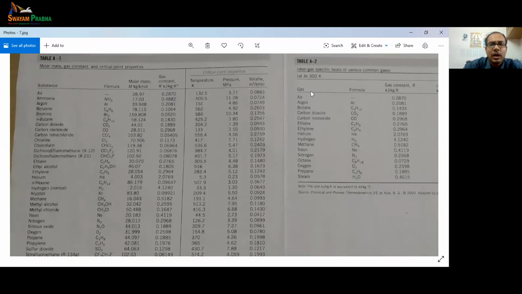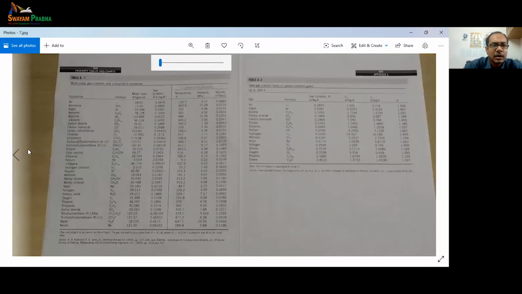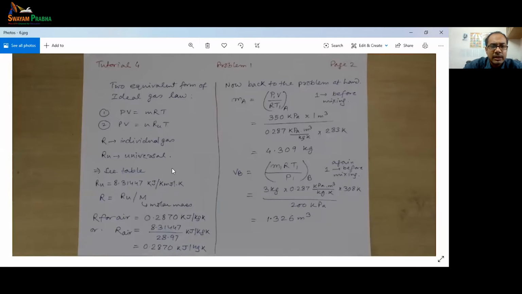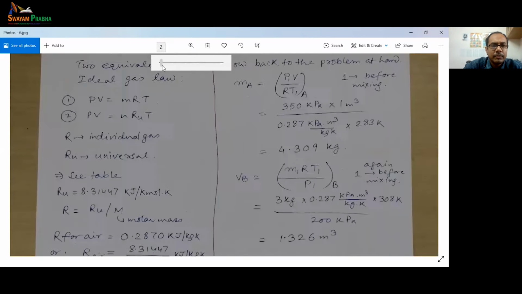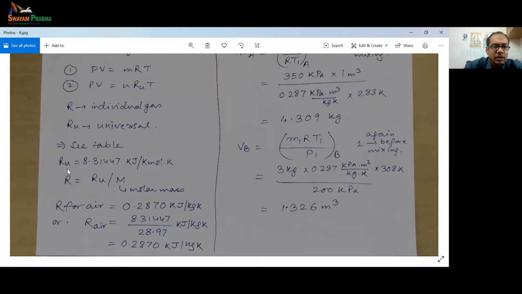Now let's go back to the problem. We can either use the universal gas constant Ru, which is 8.31447 kJ/kmol·K, or you can use R, which is particular for air, and for that you have to do Ru divided by M, where M is the molar mass of air.